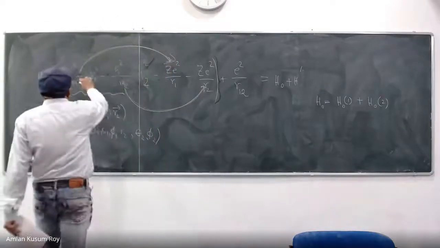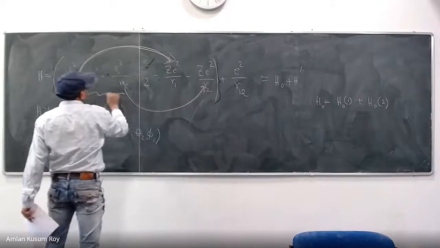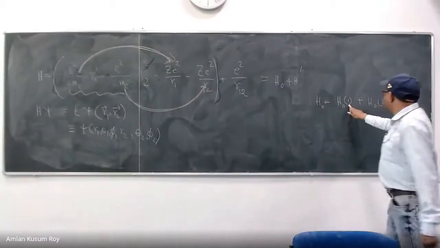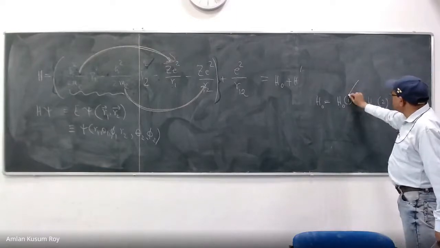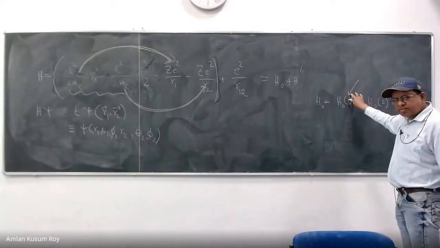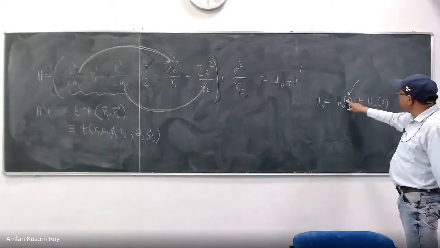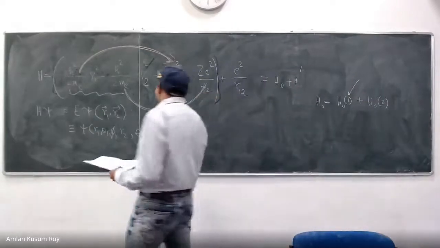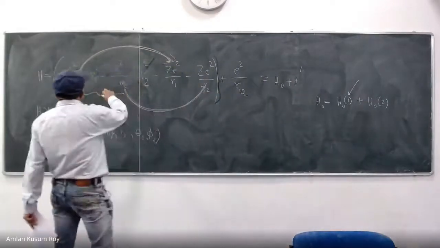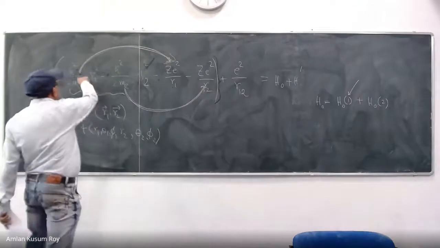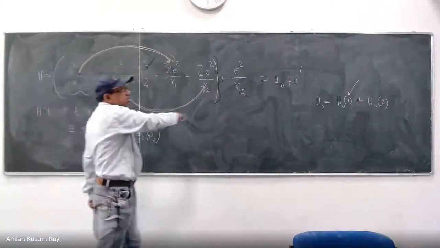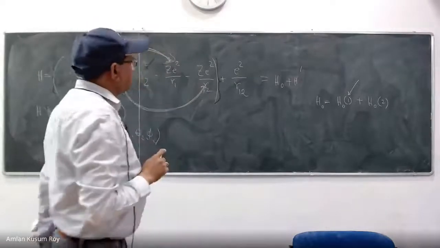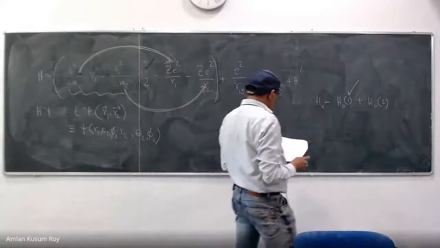As you can see, this Hamiltonian is H01 and this is H02. I write it just for our bookkeeping, not for anything else. H01 plus H02, and H01 and H02 are exactly identical. It has to be so, because what happens for electron 1 must also happen for electron 2. That is why electron 1 and electron 2 are identical, and that is also reflected in the Hamiltonian.